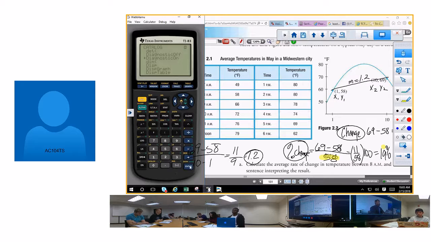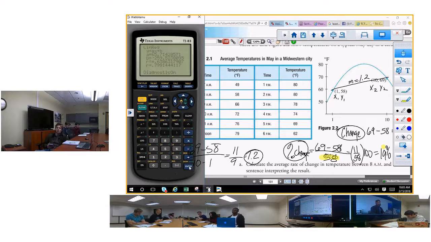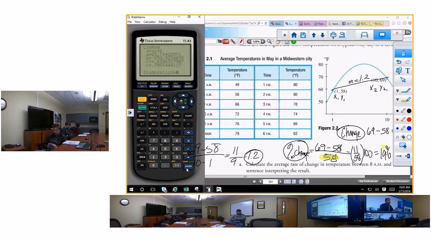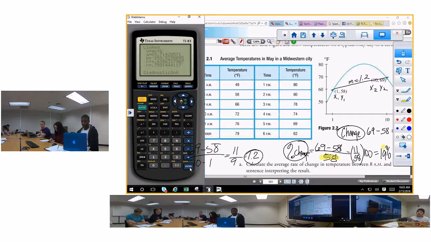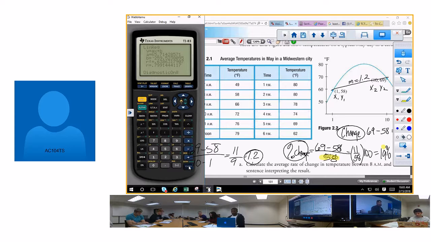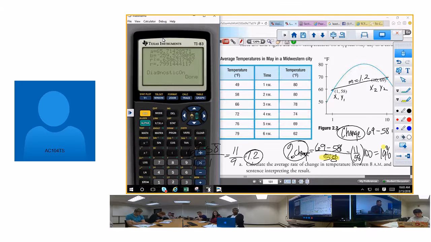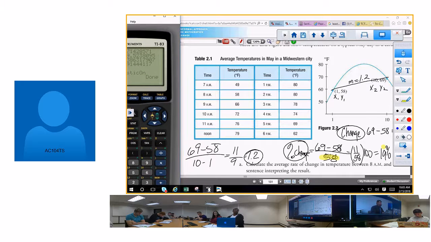Hit enter, and then hit enter again, and it should say done. Now, when you do that, and you type in these numbers, and you go to calculate, you got to know what it looks like first.